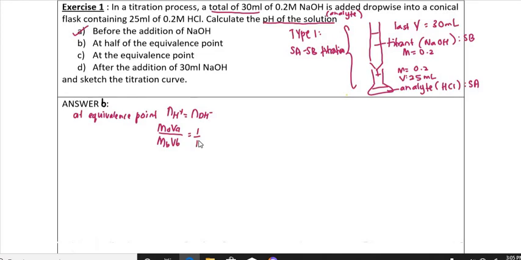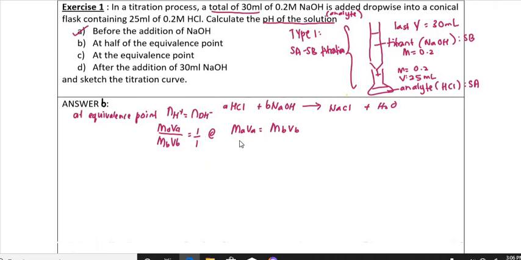Here the stoichio I put 1 over 1 because when HCl react with NaOH produce NaCl and H2O, the stoichio for acid and base is 1 to 1. So I can write like this. Simplify like this because the stoichio for acid and base is 1 to 1.